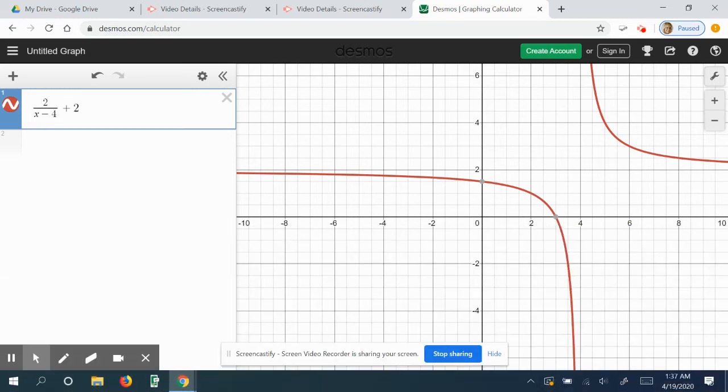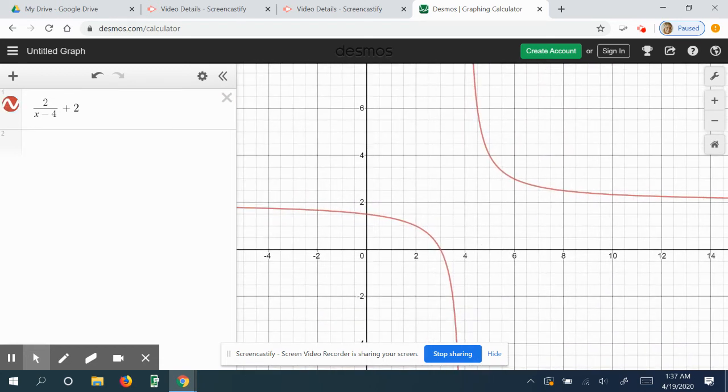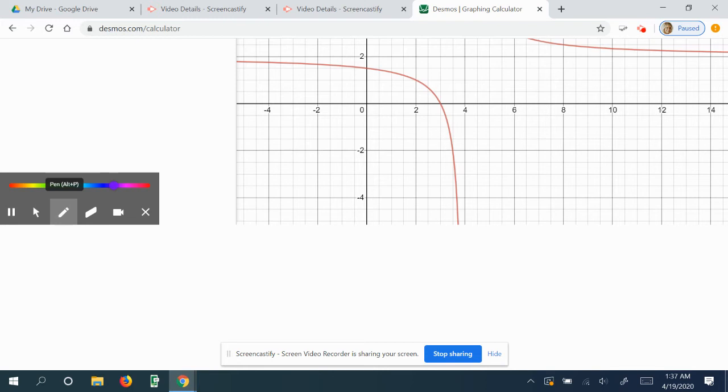You'll notice over here our x asymptote, okay? Our x asymptote is going to be, I'm not quite sure what happened to our graph here, but it's going to go through right there, right?